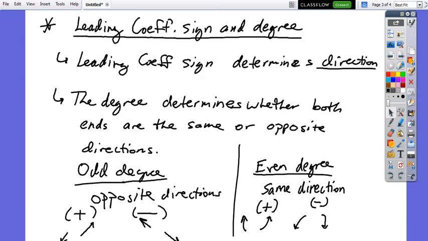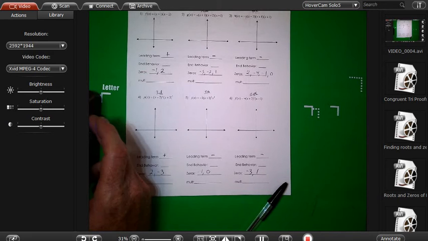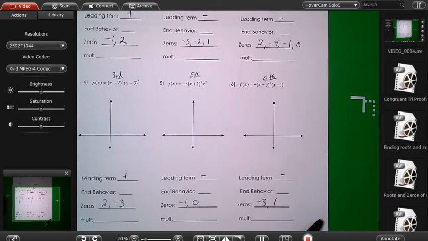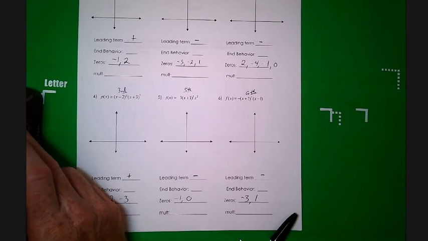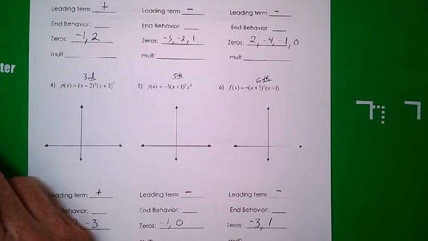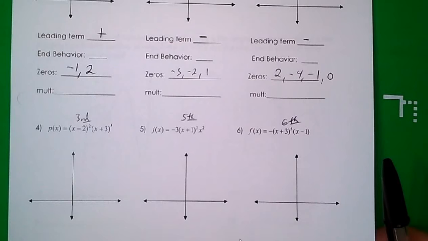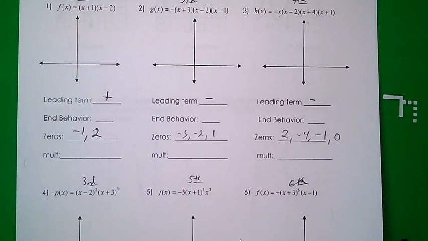Okay, so in looking at our graph again, we need to fill in some of the unknown things that we have not done yet. All right, in number 1, we said that it was second degree, and our leading coefficient is positive.